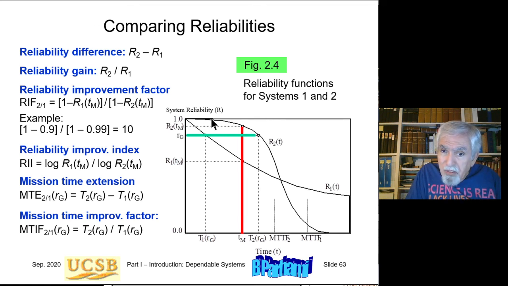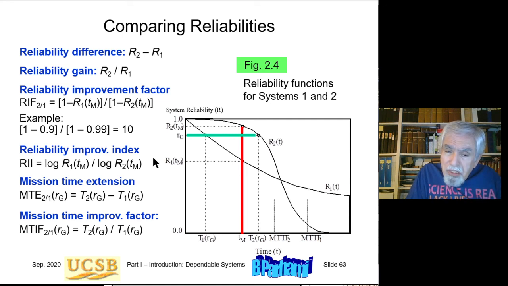Now, if we use this highly reliable system up to this point, up to this time Tm, then reliability is pretty high throughout that period. So the fact that mean time to failure is small really doesn't matter if we don't use the system beyond this point.